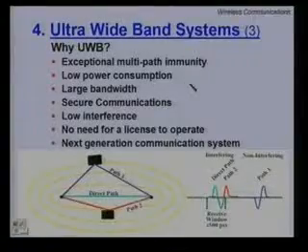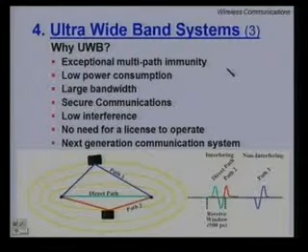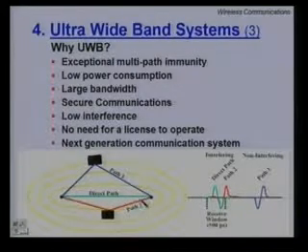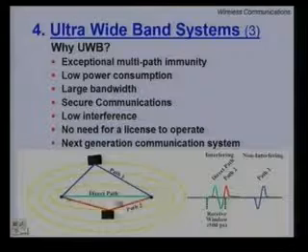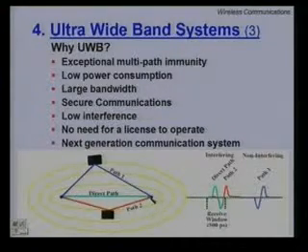Let's look at the other selling features of UWB. First, exceptional multipath immunity. Please look at a diagram here. You have a transmitter on this side and a receiver in a room environment, for example. There is a direct path.